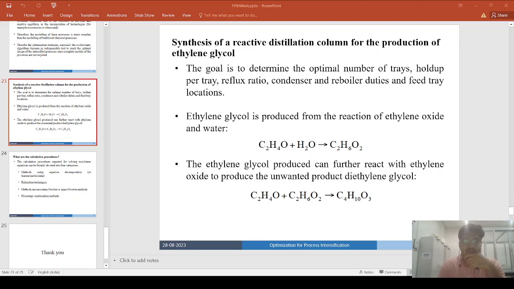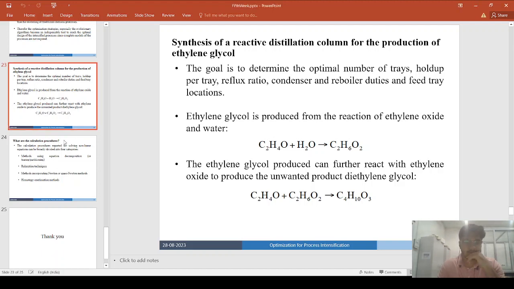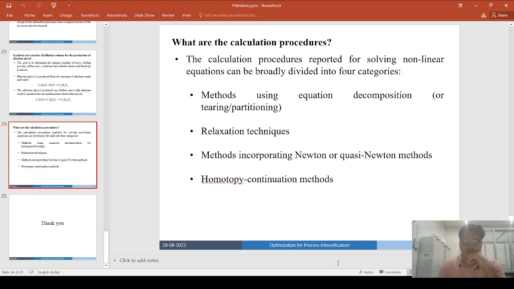Now what are the calculation procedures? Once you have formulated the mathematical problem, the objective function for a given process, then come the different calculation procedures.